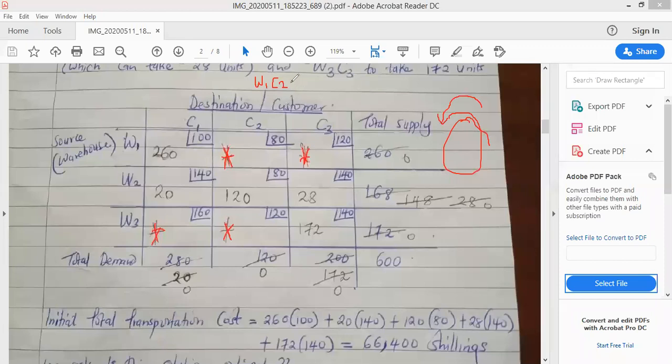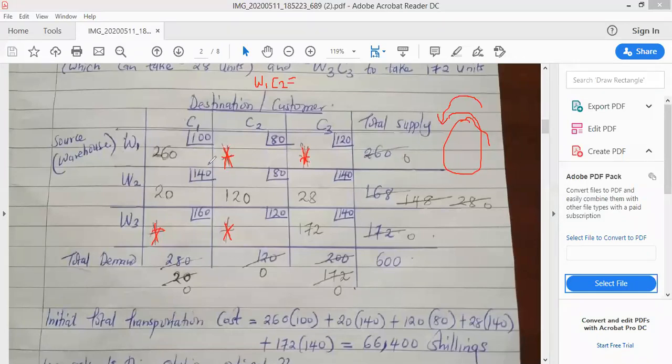We'll be taking the empty cells under the stepping stone method, and we are going to compute the shadow prices directly. These cells are the ones we call stones actually. If there's any cell that is empty, then you don't use its unit price to compute the shadow price. So we'll only be utilizing the filled cells.